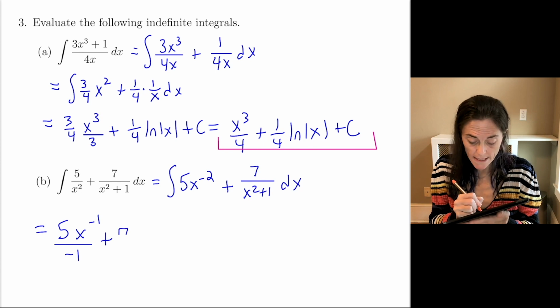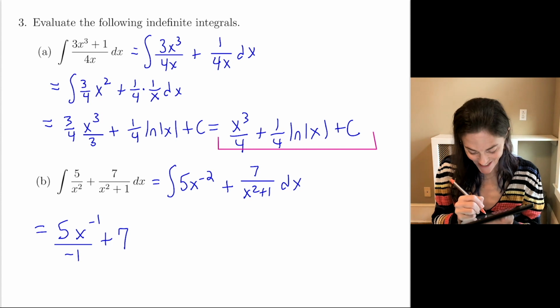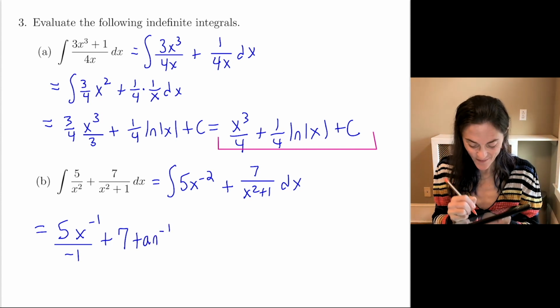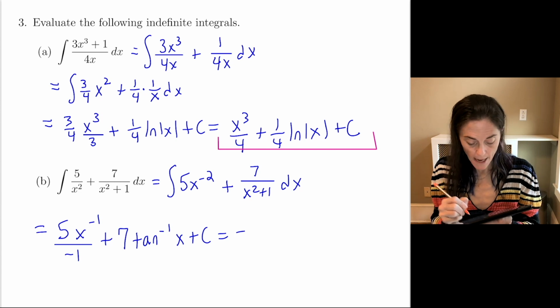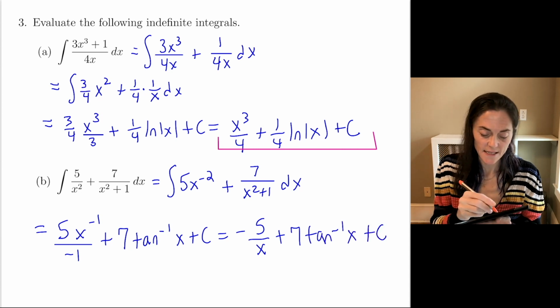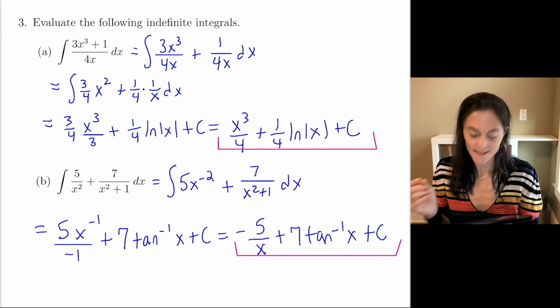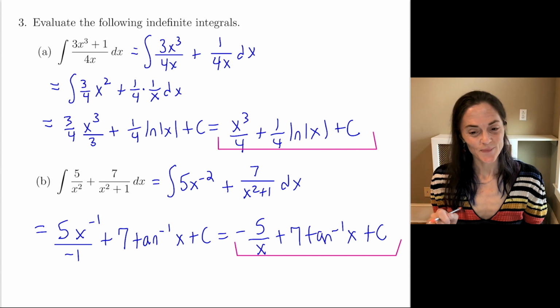And then this one is a 7. When we integrate 1 over x squared plus 1, this is the tan inverse. And you notice this is minus 5 over x plus 7 tan inverse of x plus c. This is the second one. Those two did not use substitution. They were just basic rules.